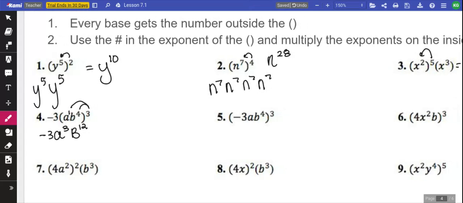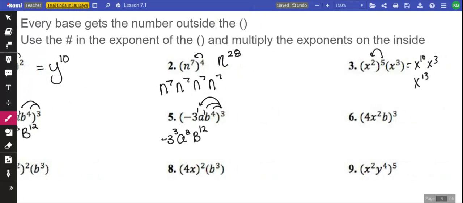However, in number 5 now, my coefficient is inside the parenthesis, so now it is going to get distributed to. So this is going to become -3 to the third, a to the third, and b to the 12th. Same thing on number 6.